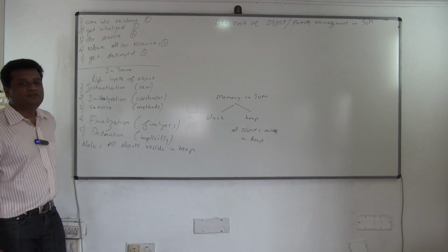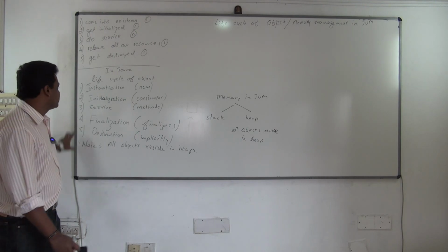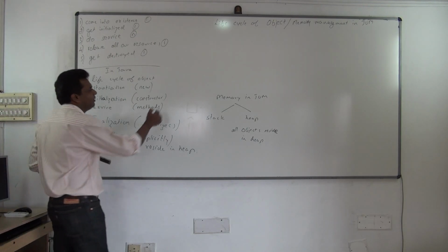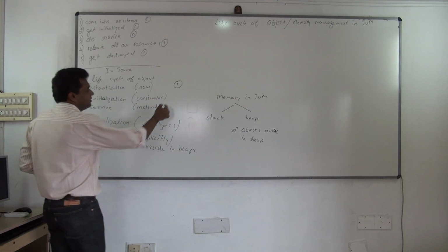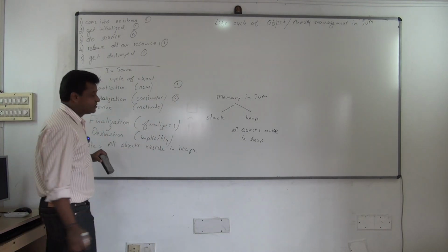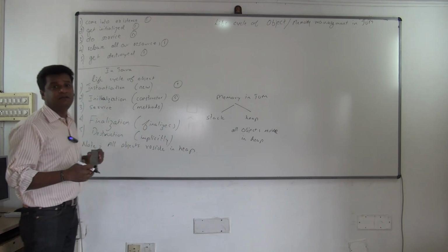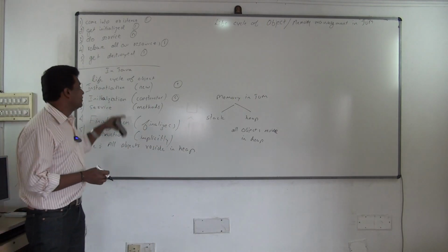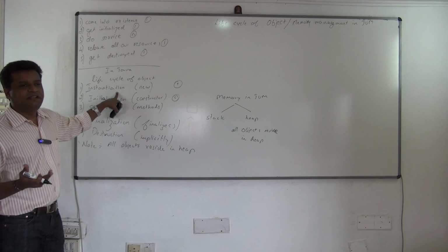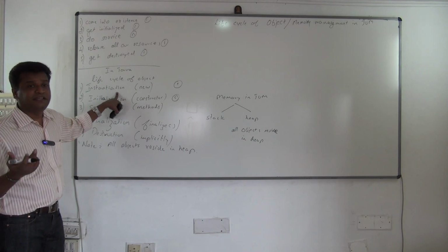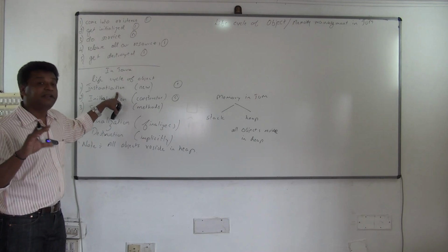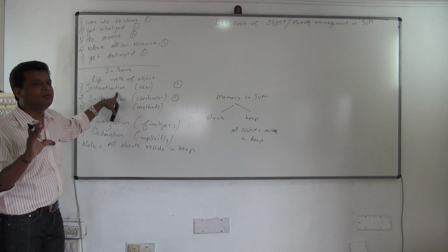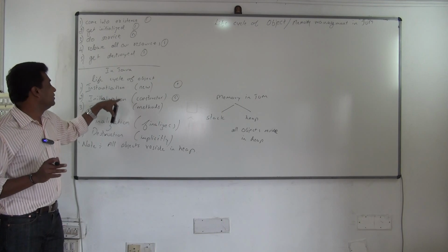Now let me explain with some code. See, instantiation of an object happens only once. Initialization happens only once. Service means constructor, how many times will it execute? Only once. You can create any number of objects of one class, but one object is created only once.